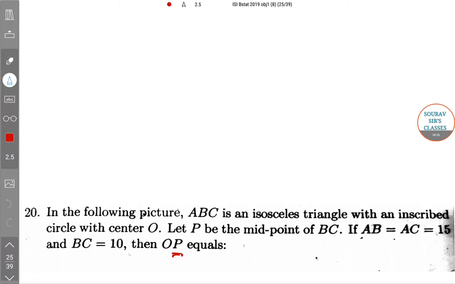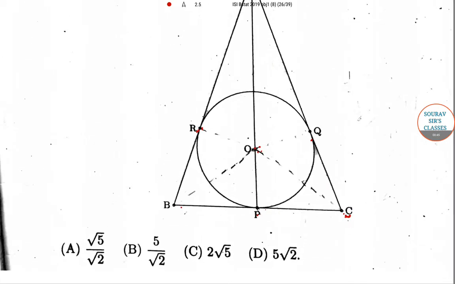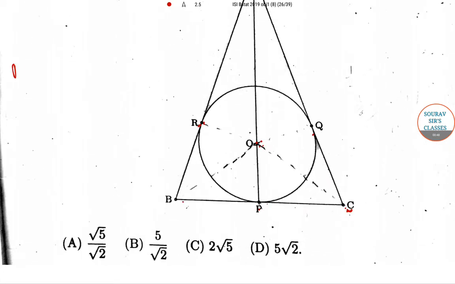Now, it is the triangle ABC, AB equal to AC equal to 15 and BC equal to 10, and P is the midpoint of BC.